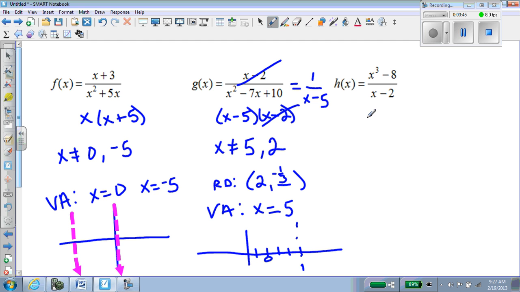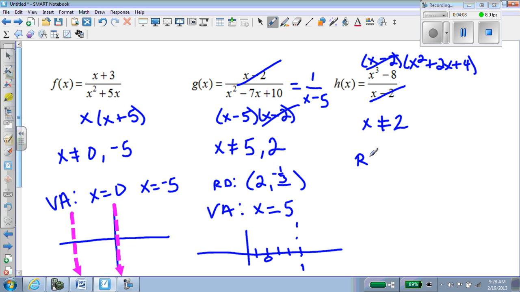Okay, third one. Without any factoring, I can see that x cannot be 2. My numerator actually is x minus 2 times x squared plus 2x plus 4, right? Factoring a difference of cubes, and the x minus 2 will cancel. So I don't have any vertical asymptotes.